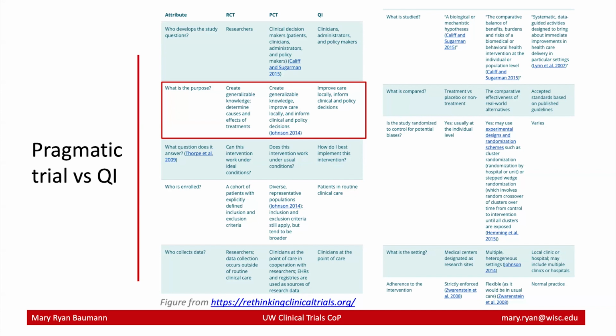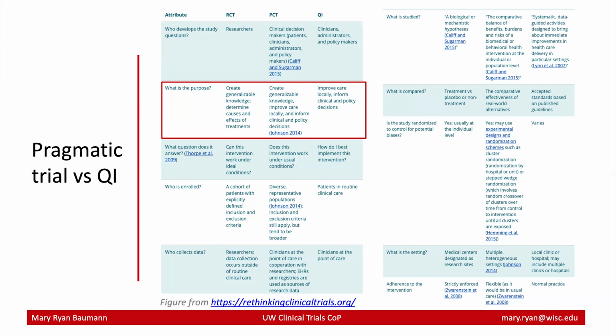If you're doing the work to create generalizable knowledge that improves care, locally and for policy decisions, you're probably doing pragmatic trial work. But if you're focused on improving care just locally, that's more QI work necessarily.